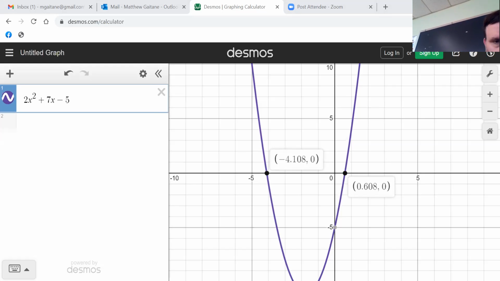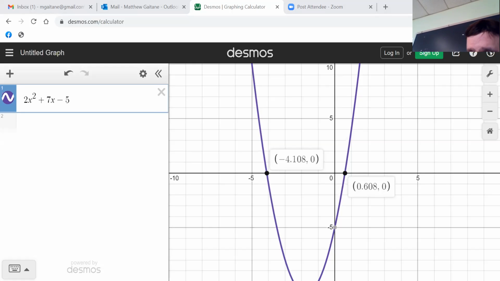So I find the excluded values with the quadratic formula. x is equal to negative 7 plus or minus the square root of 7 squared minus 4 times 2 times negative 5, over 2 times 2.